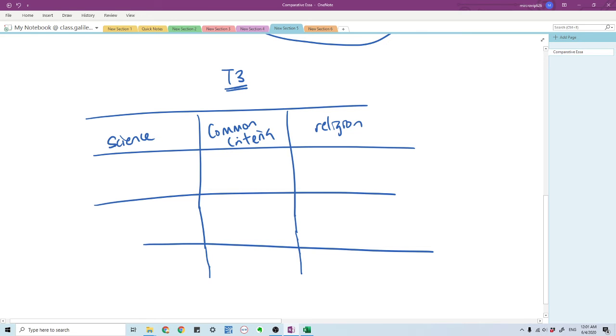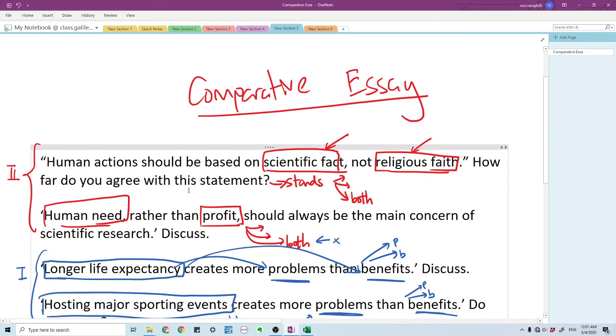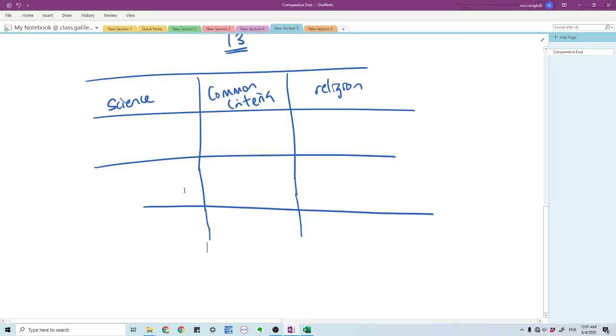Think about science. Human actions, let's say, should be based on scientific fact. Why should it be based on scientific fact? Because science offers us real, actionable solutions. So it creates practical solutions. Religion doesn't offer such practical solutions for the issues that we face on a day-to-day basis.